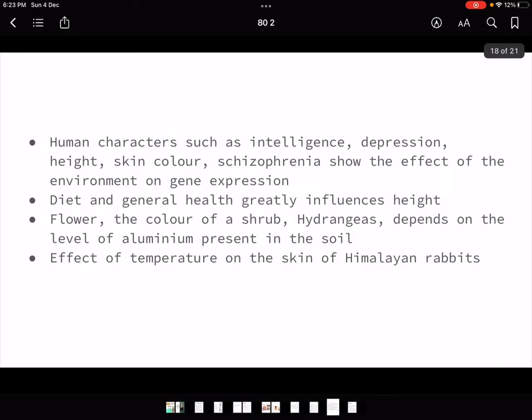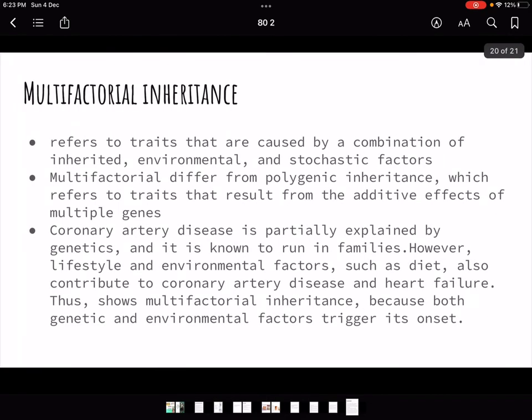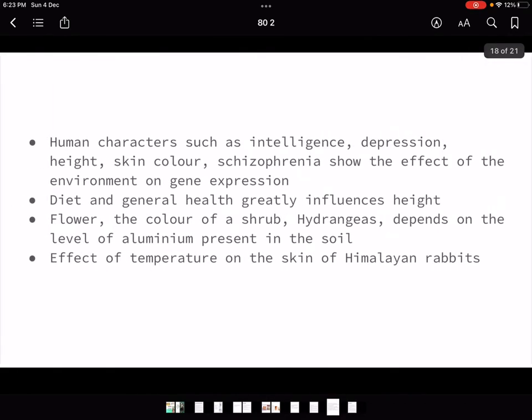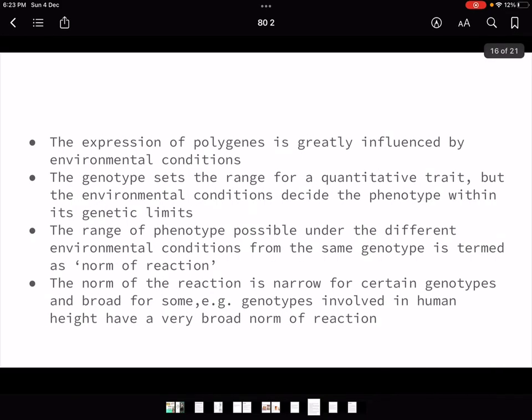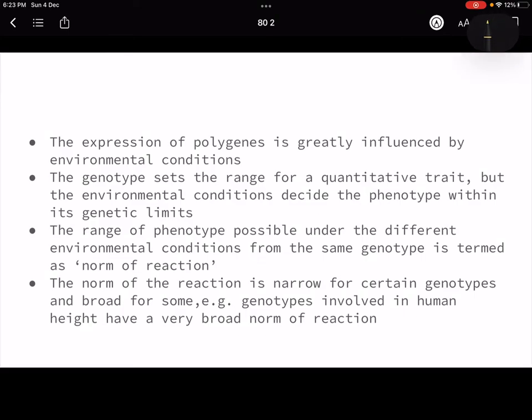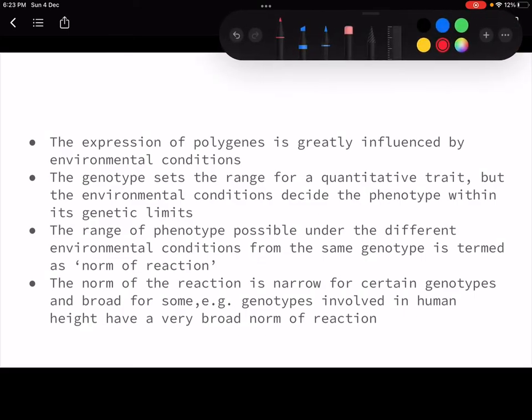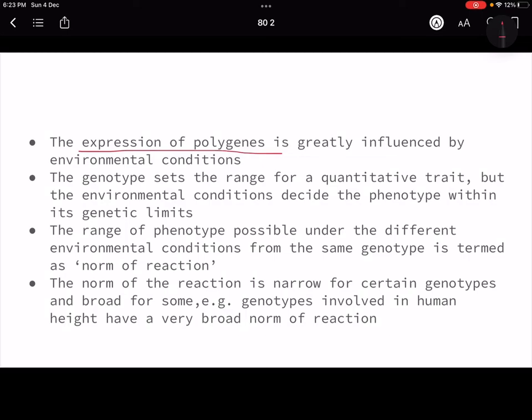Now we are going to start with the next topic. We were talking about polygenic inheritance, and we had seen its examples. Let me revise it with you. The expression of polygenes is greatly influenced by environmental conditions, we have talked about it.